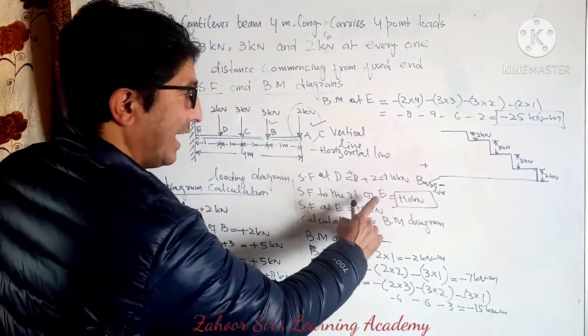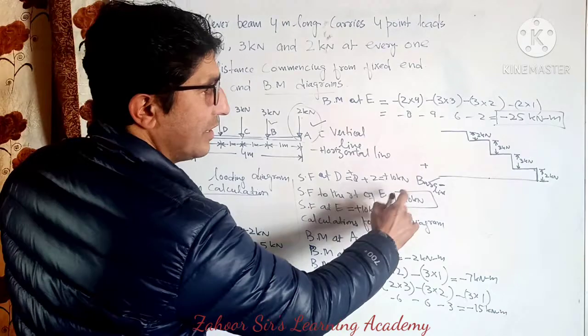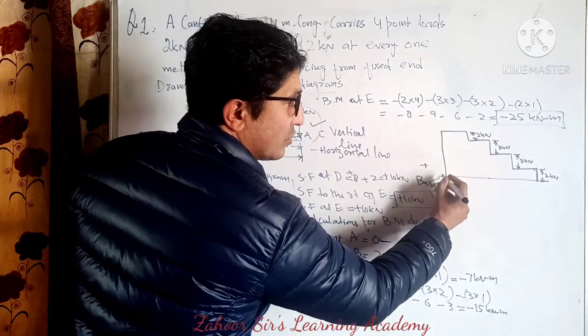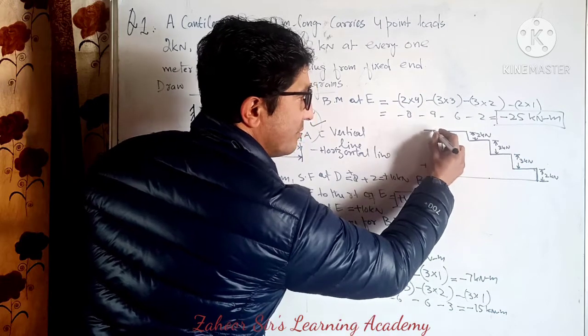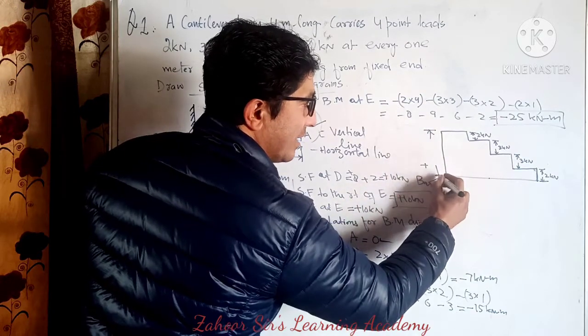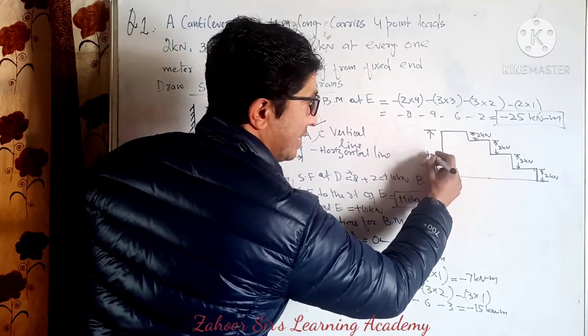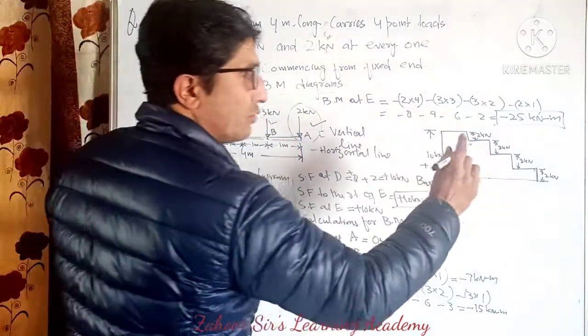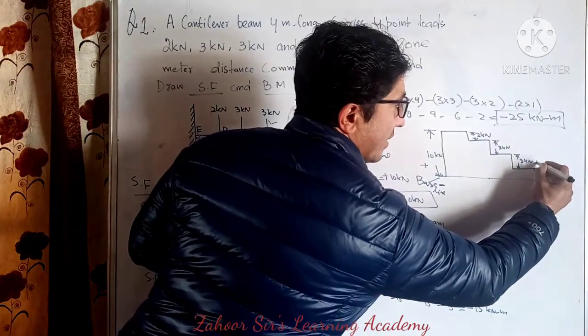At E, it is 10. So we have to close this side. So we will say the maximum is at E. So it is 10 kilonewton. You can even write the notations here.